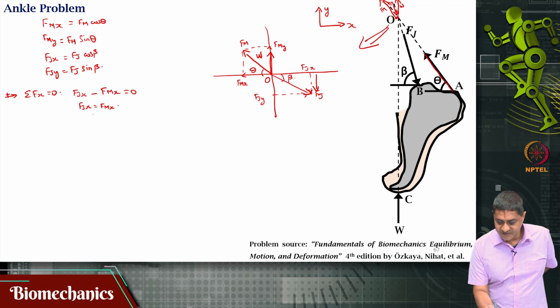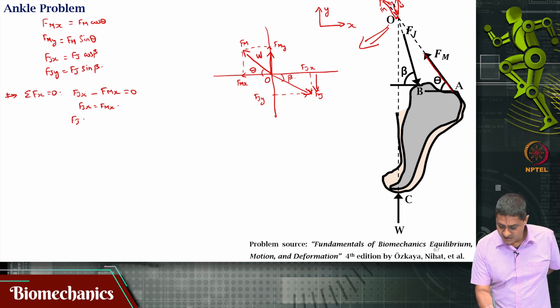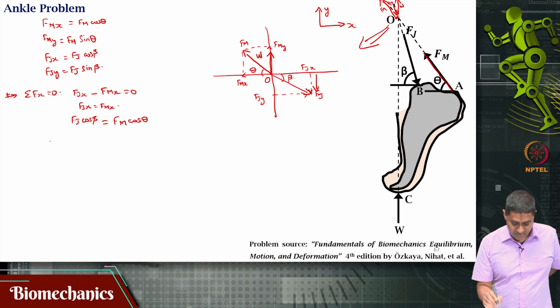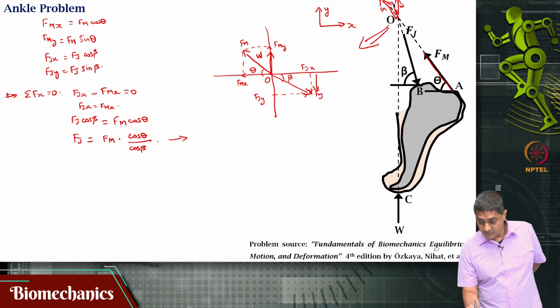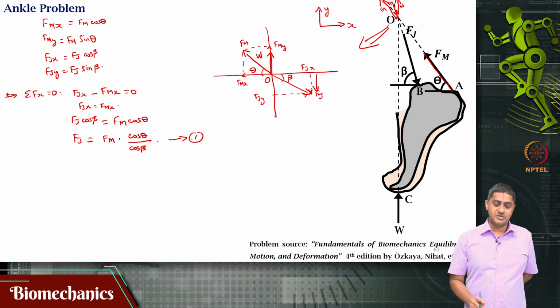Substitute for Fjx and Fmx. What is Fjx? Fjx is Fj cos beta is Fm cos theta. So, that means Fj is Fm times cos theta divided by cos beta. This equation I am going to call as equation 1.